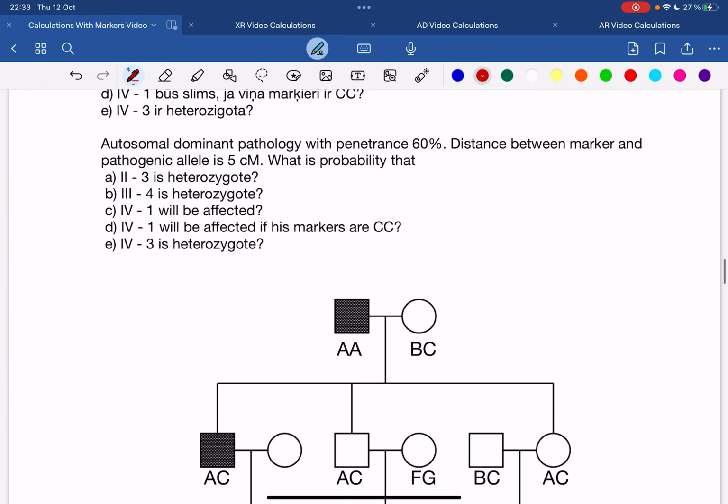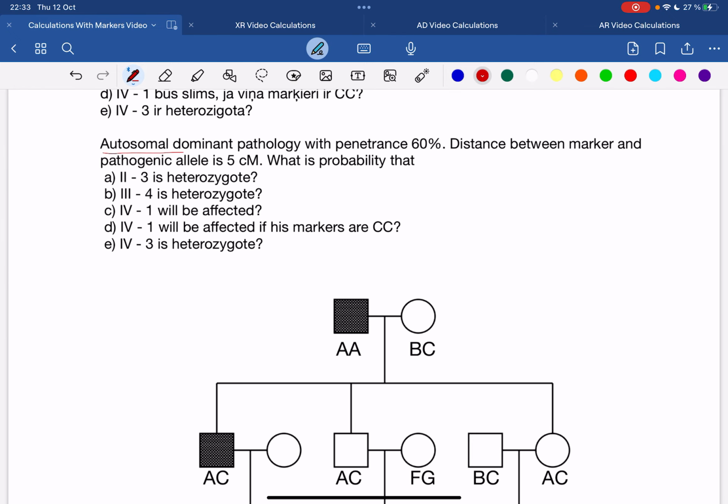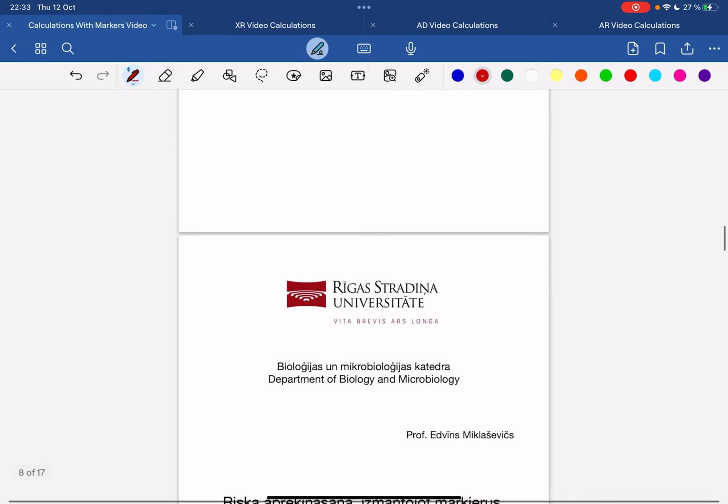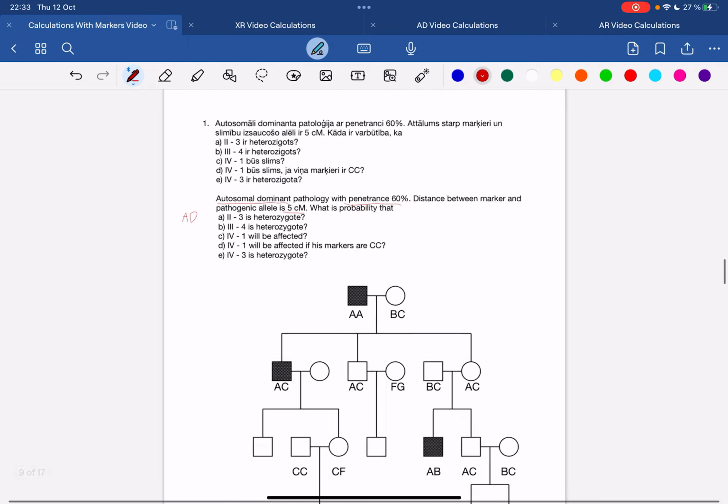Start with the first one. We have an autosomal dominant pathology, so it's AD, with a penetrance of 60%. Now the distance between markers is 5 centimorgans. All right, 5 centimorgans.